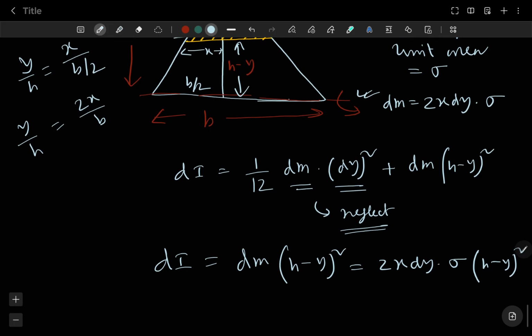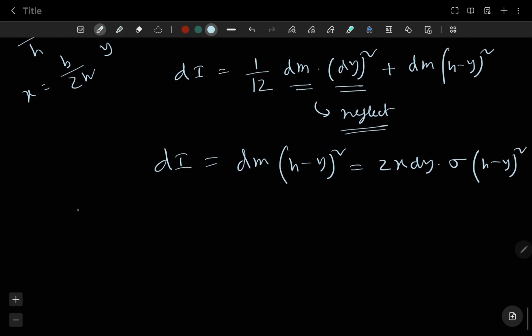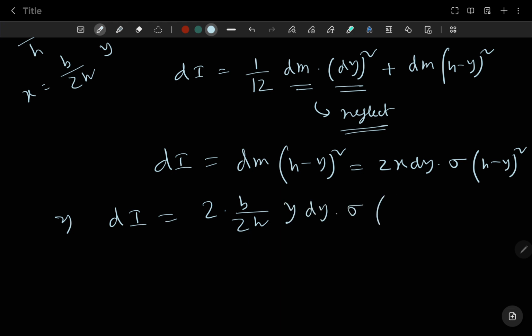So x will be b by 2h into y. Okay, now put it here.